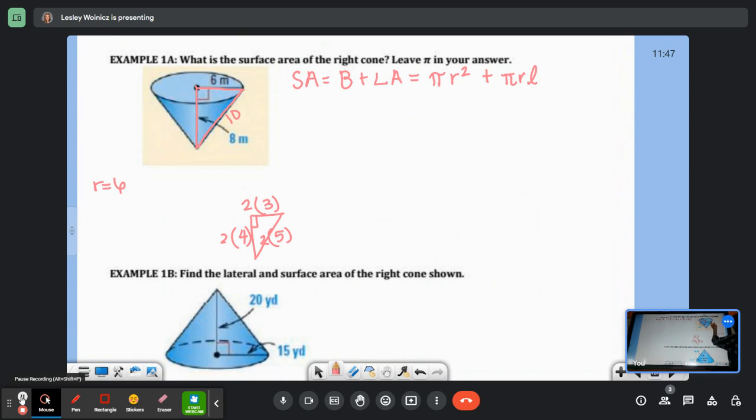So our L is 10. Okay, let's just plug that in. So we've got pi times 6 squared plus pi times 6 times 10.